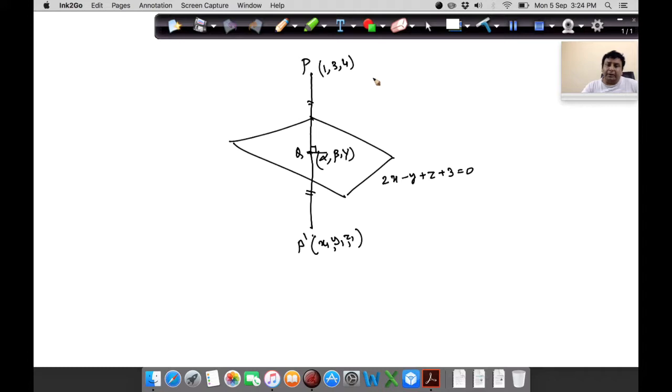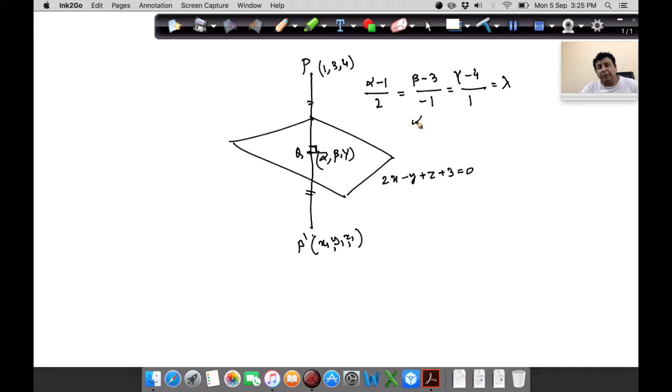Now we know that alpha minus 1, beta minus 3 and gamma minus 4 are the direction ratios of PQ. But PQ is normal as well, so its direction ratios are actually 2, minus 1 and 1, coming from here. These should be in the same ratio because it's the same normal, equal to something, say lambda.